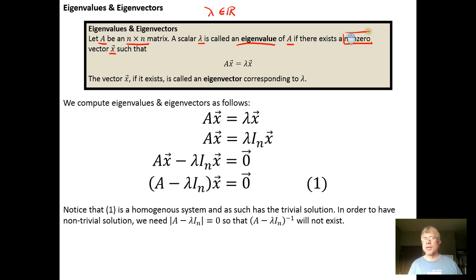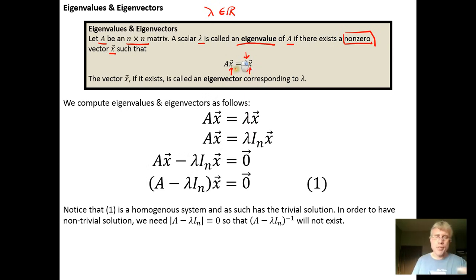This is important. If we can find a non-zero vector x such that when we multiply the matrix A times the vector x, we get the same result as if we just multiply the scalar times the vector x. So again, if we have a square matrix A, an eigenvector is just a vector x such that A times x equals a scalar times x, if we can find such a scalar.